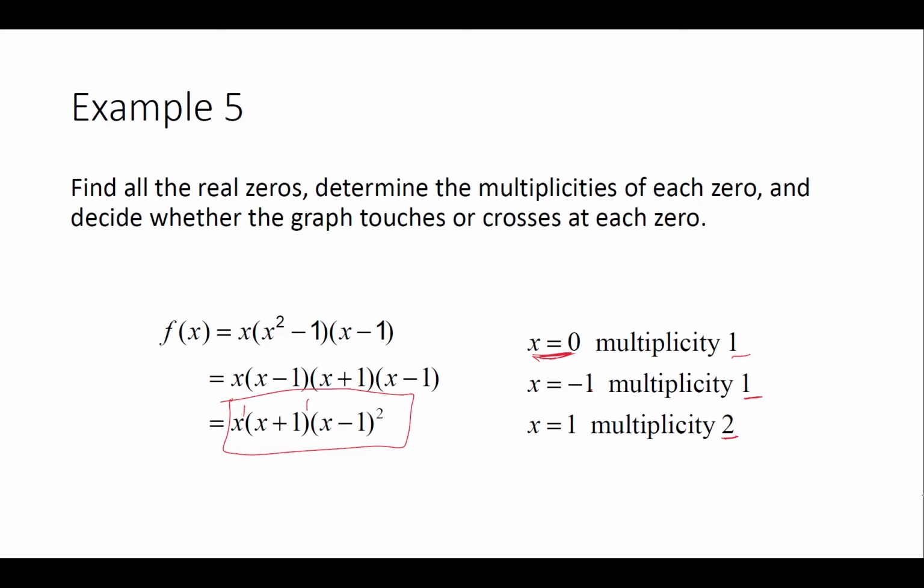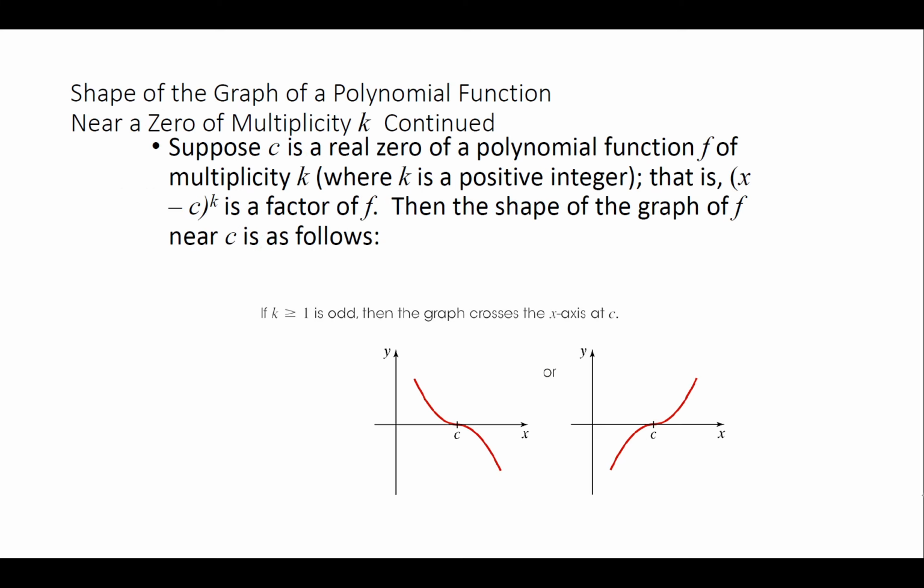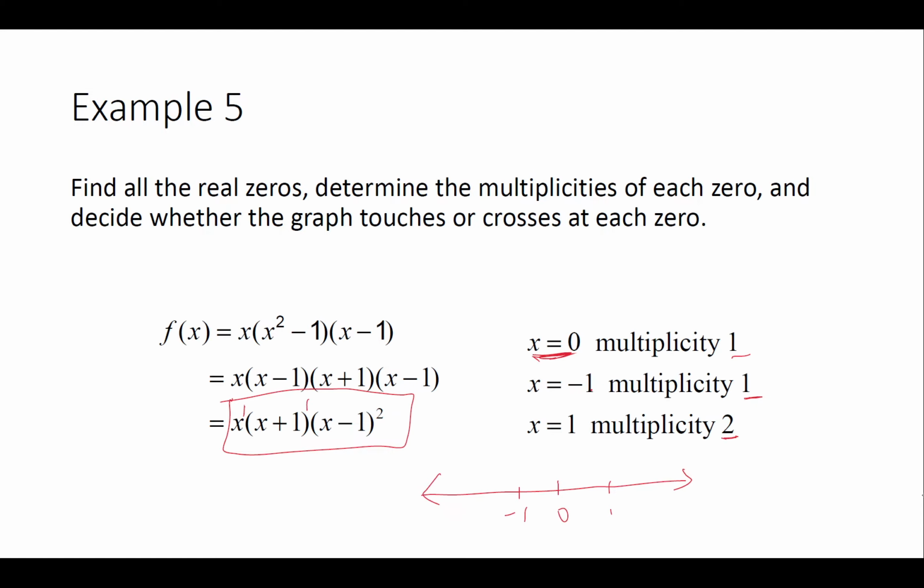So while you plot the graph of this function, you have to make sure that at 0, negative 1 and positive 1, look at here, at negative 1 the multiplicity is 1, so that means the graph should cross that point. The crossing happens in two ways: either it comes from up to down or from down to up. So we just have two different options for negative 1.